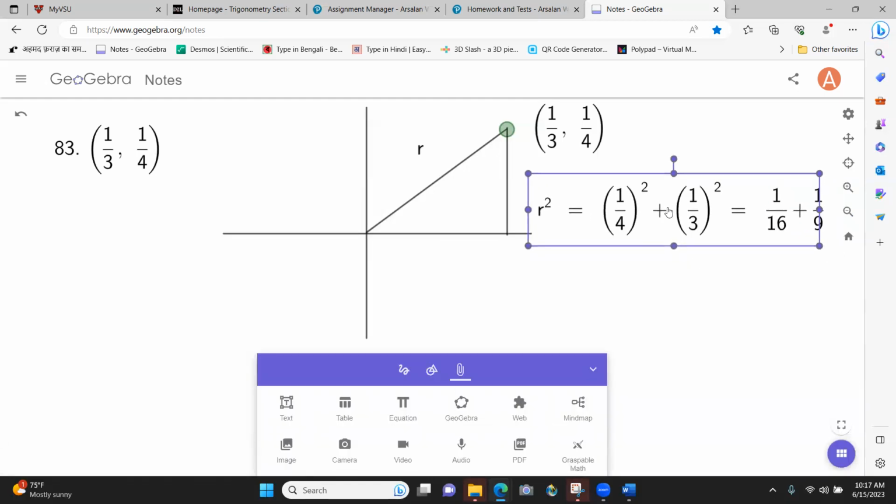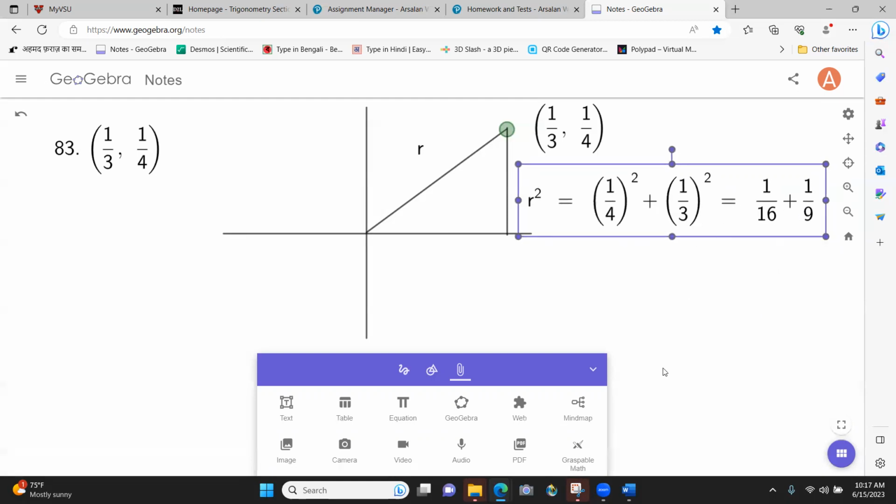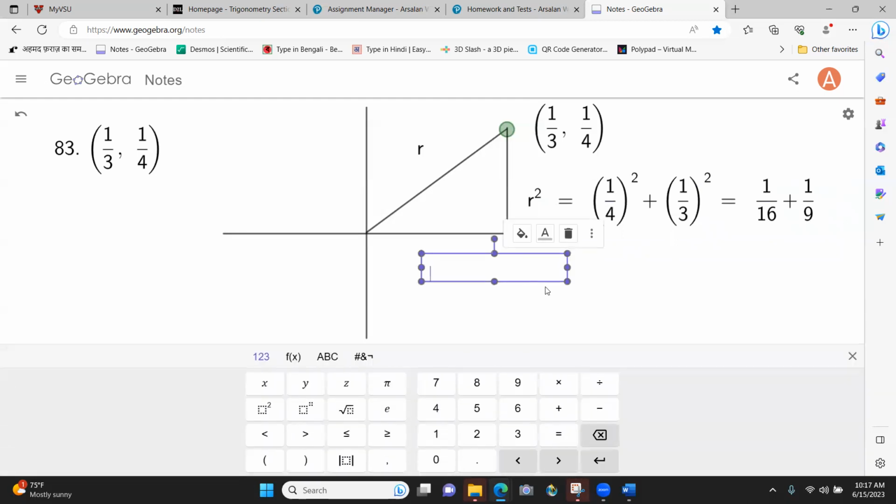Yeah, we have to do a little bit of work. So guys, how do we add these? You can use your decimal, but trust me, it's not going to work. You have to do it the old-fashioned way. Now, the common denominator and all that, I will do it here, but most of you know how to do it, I'm sure. I'm going to write 1/16 plus 1/9.